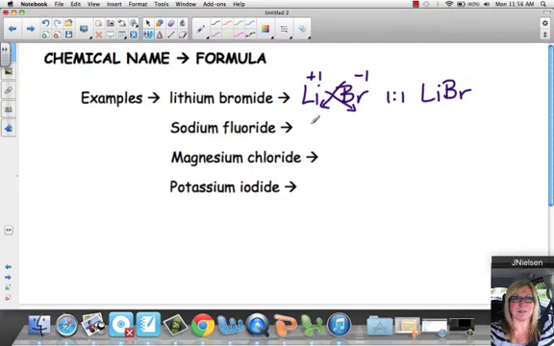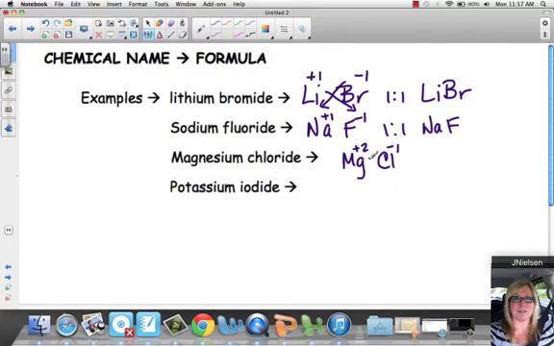Sodium is Na, fluorine is F, and it's a +1, -1, so when we drop and cross it's still 1-to-1, so it's NaF. And the next one, magnesium, is Mg, and Cl for chlorine. Mg's got a +2 charge, Cl has a -1.